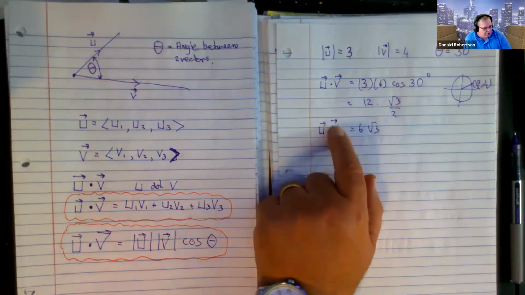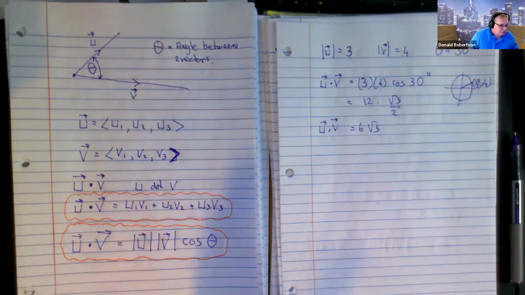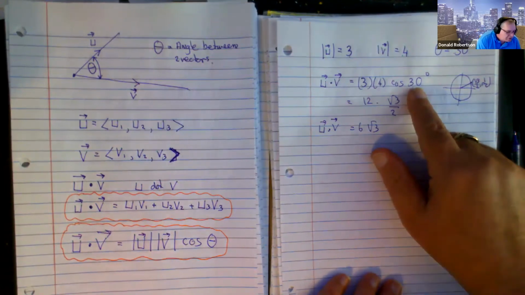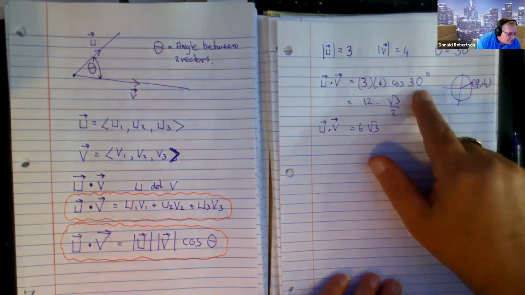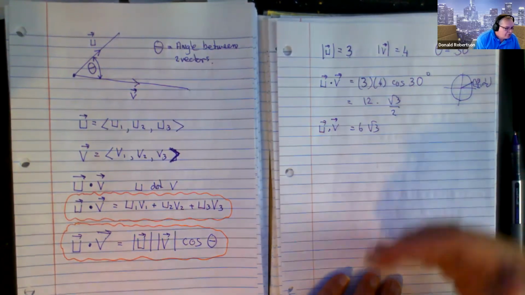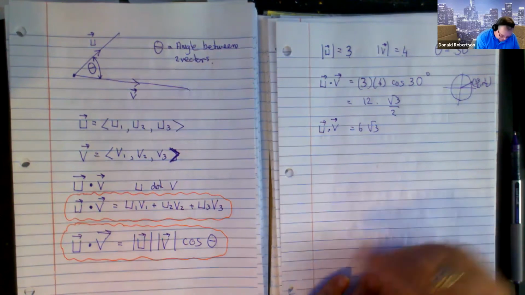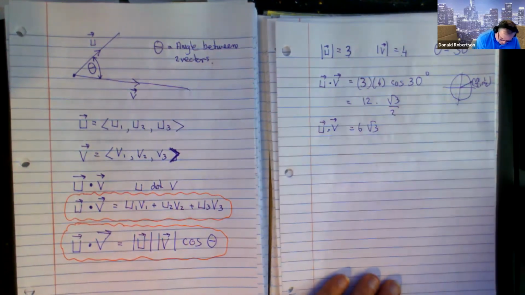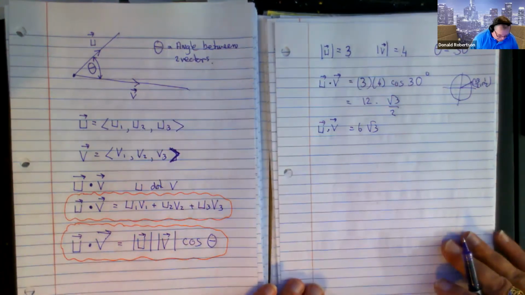Can't you just go to your calculator and tell me the answer's 1.234? Because it's bound to be a decimal, right? There's no way out of it. But if this angle is 60 degrees, 45 degrees, 135 degrees, things that are in the unit circle, you are expected to get their exact values. So maybe you want to look up your unit circle in case the situation appears where you need that.